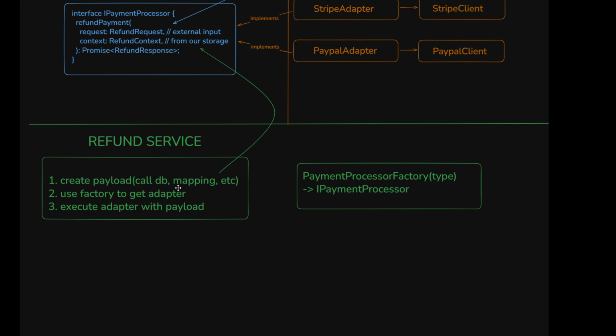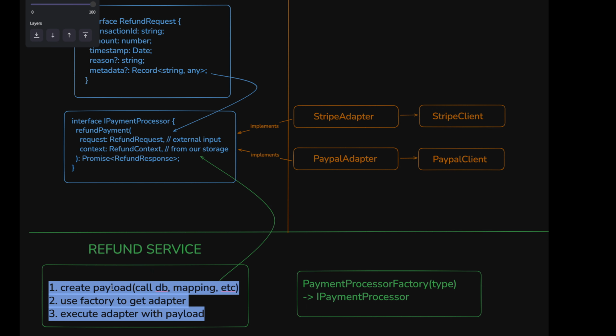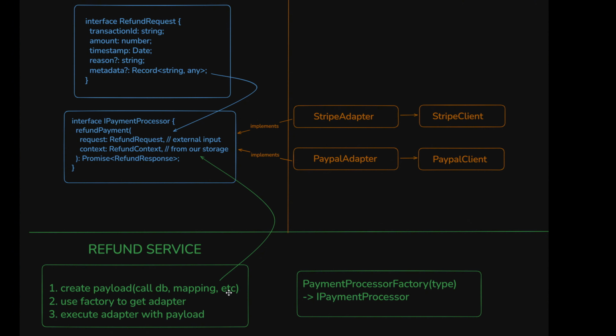And then we will also have a refund service. This is where all the orchestration will happen. The first thing, we will receive the payload, which comes from the web. We will map it and create a specific refund request, and prepare context from the database, fetch everything. Then we will need to determine which payment service we are using.